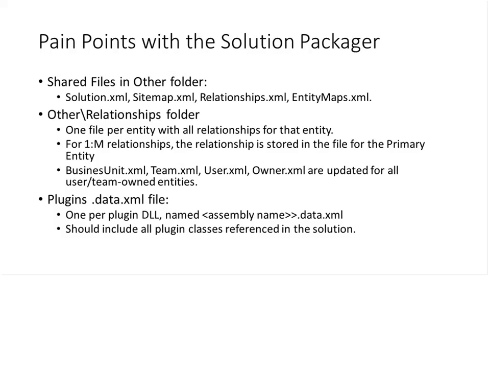Similar scenarios exist with the sitemap, although much less frequently. Then there's relationships XML and entity maps. These two files again deal with relationships, and they contain progressively more information. Entity maps just contains the two entity names. Relationships XML contains the names of all the relationships.